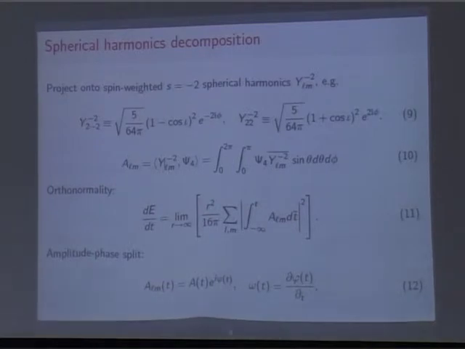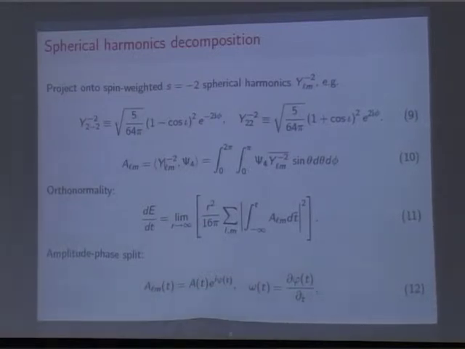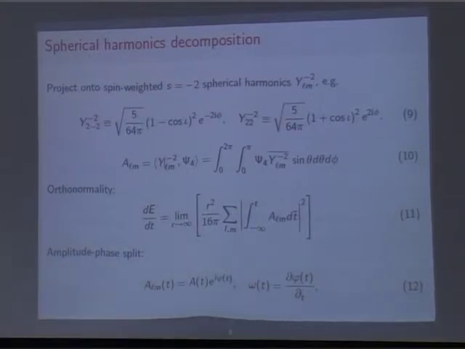They are called tensor spherical harmonics, tensor because the metric is a tensor, or, more fancy mathematically, spin-weighted s equals -2 spherical harmonics, which means nothing else than that they are used to describe an object like a gravitational perturbation.